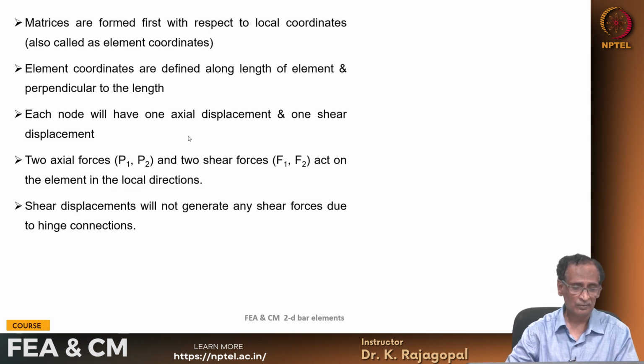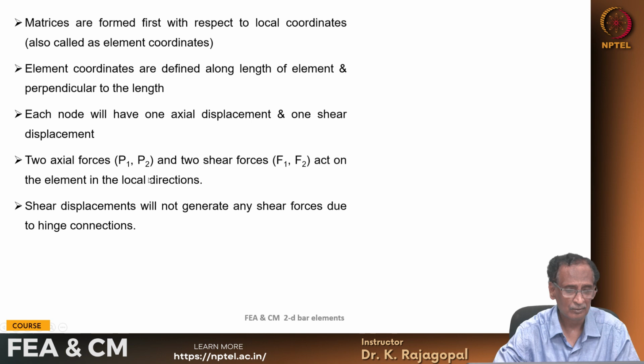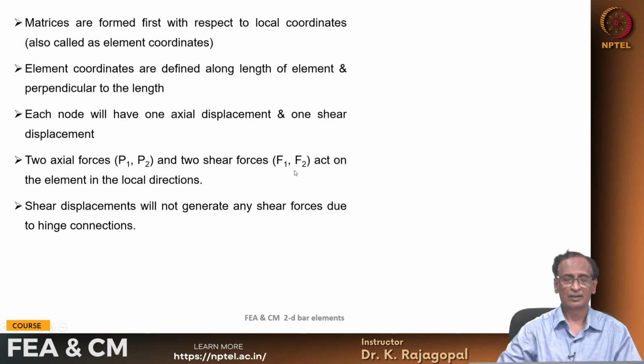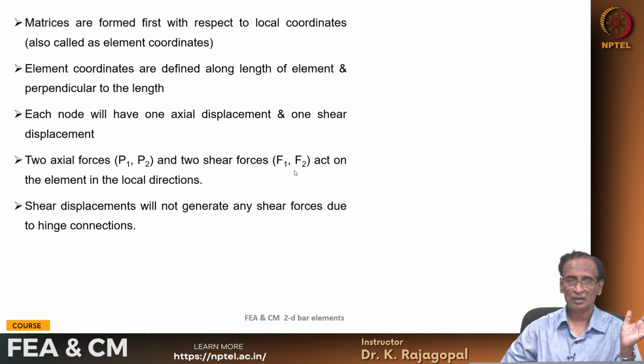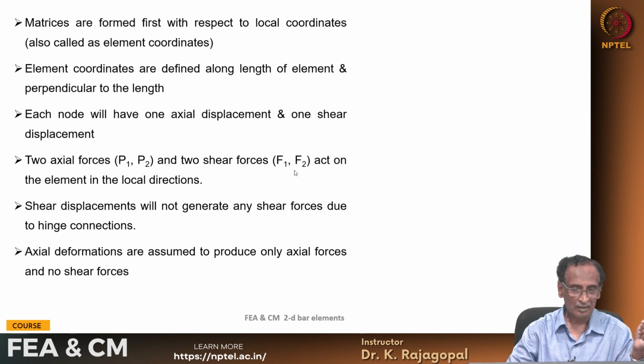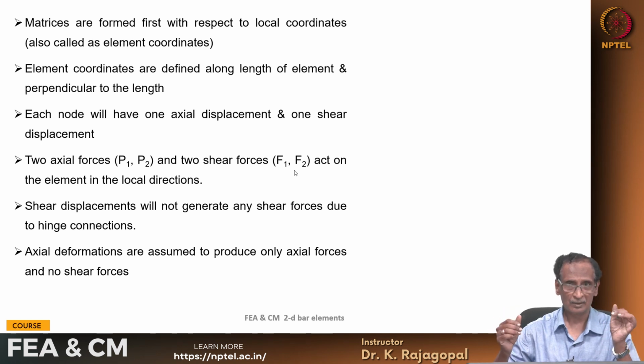If you think in terms of the element coordinates, then we have 2 axial forces P1 and P2 and 2 shear forces F1 and F2, and the shear displacements will not generate any shear forces due to the hinged connections. So our F1 and F2 are actually 0. We can consider them, but for these bar elements they are 0. The axial deformations will produce only axial forces and no shear forces.